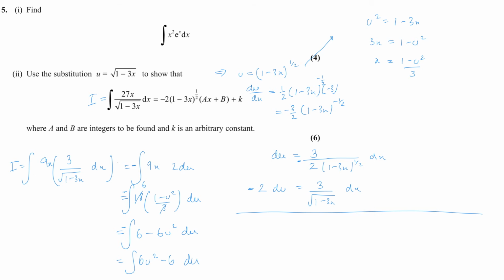Right. Just block that off. So carrying on here, integrating 6u cubed over 3 minus 6u plus c, 2u cubed minus 6u plus c.